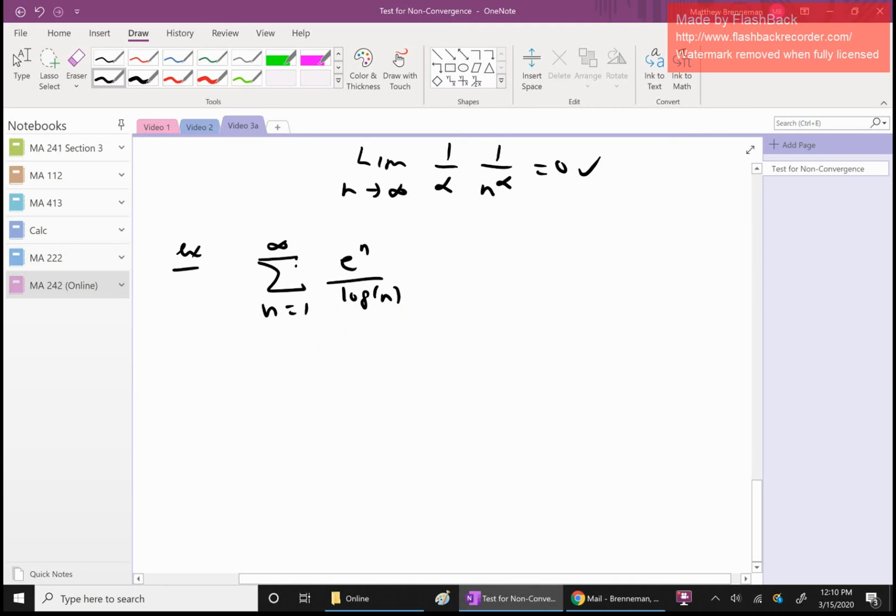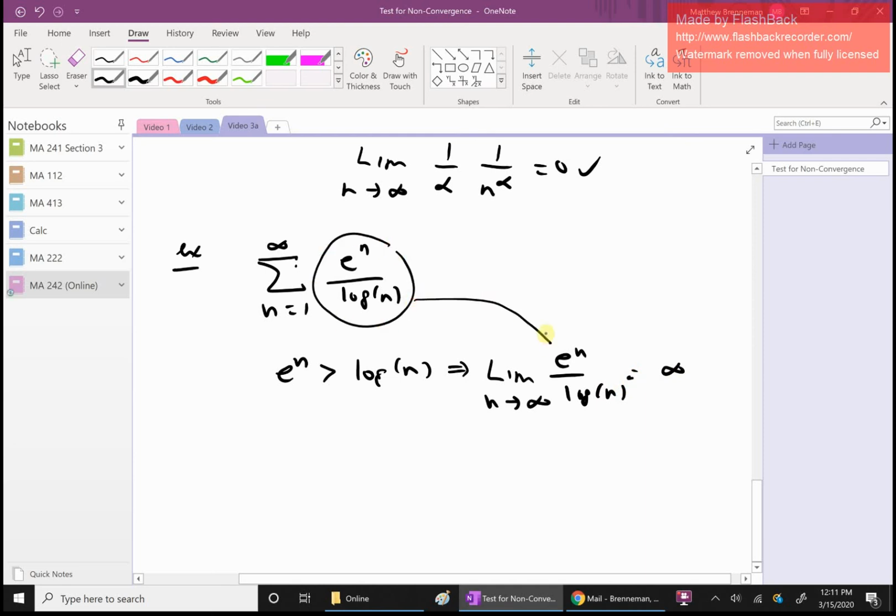Well, we know that e to the n is greater than log n, which means that when I look at the limit as n goes to infinity of e to the n over log n, it goes to infinity. So this tells me that the limit of the terms in the sequence as n goes to infinity does not go to 0, and therefore I know that this series does not converge.